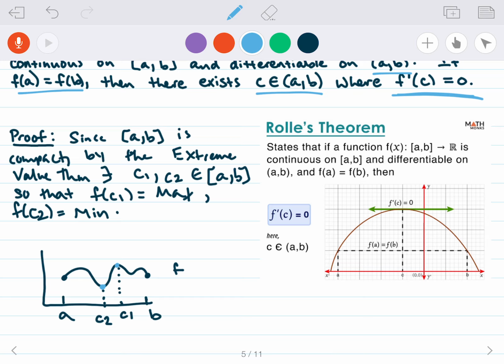And so we know that f prime of C1 and f prime of C2 will both be 0 if C is in between A and B. So if one of C1, C2 is in the open interval from A to B, then the theorem is shown by proposition 7.1.